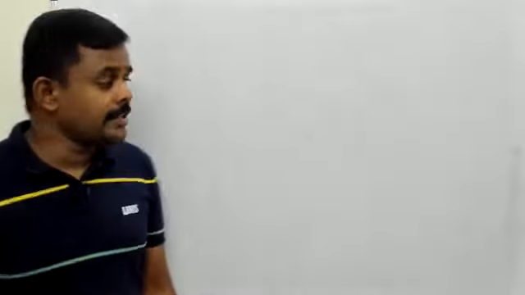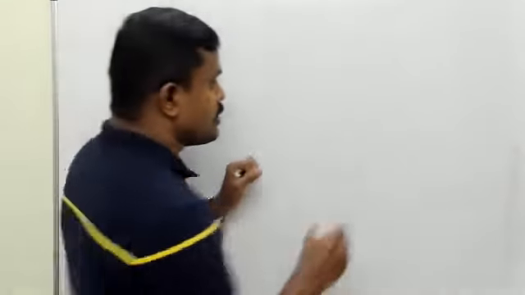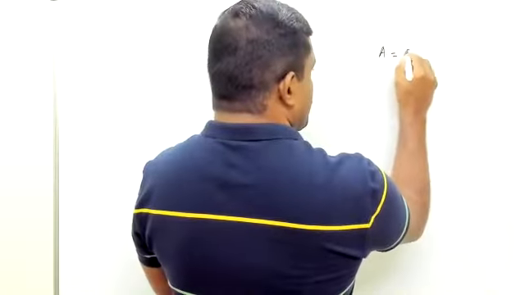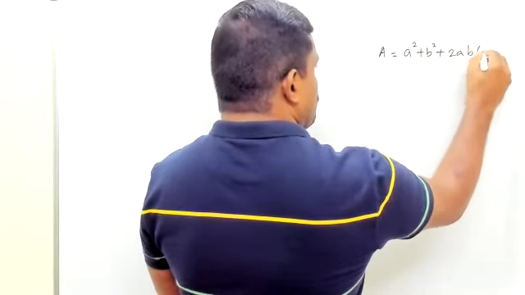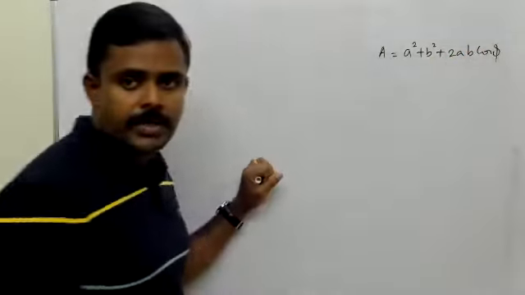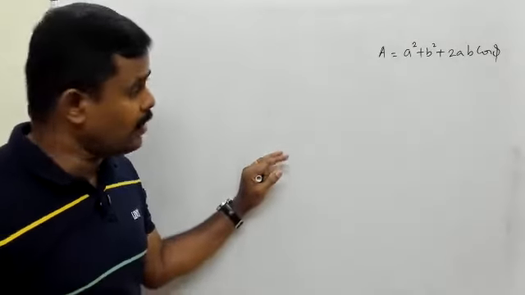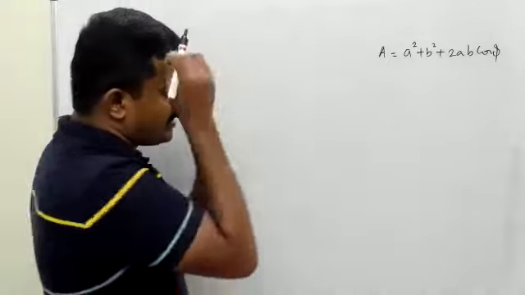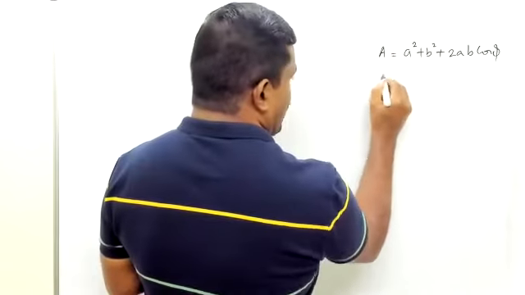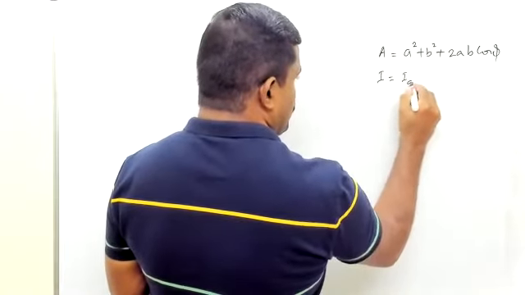So whatever we learned today, I need you to memorize two equations. First equation is this. The resultant amplitude is given by a square plus b square plus 2ab cos phi. That is one equation, okay? Resultant amplitude, when two waves of two different amplitudes are joined together, that is what you get. And resultant intensity is given by what?